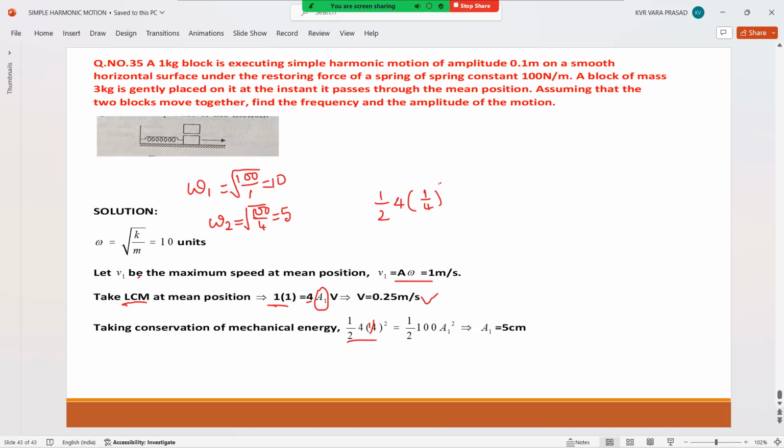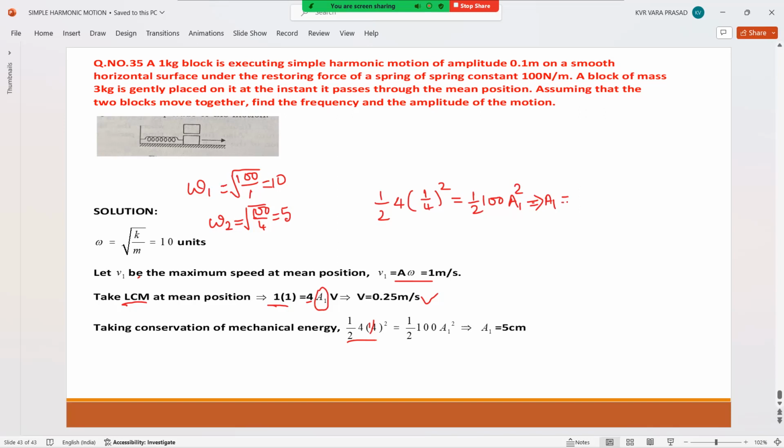Okay. Half m v square is equal to, this is converting completely into potential energy when it reaches extreme position. So I'm writing here half k value 100 A square. Now take A value, it is A1. A1 square. Okay. Now see what we get.